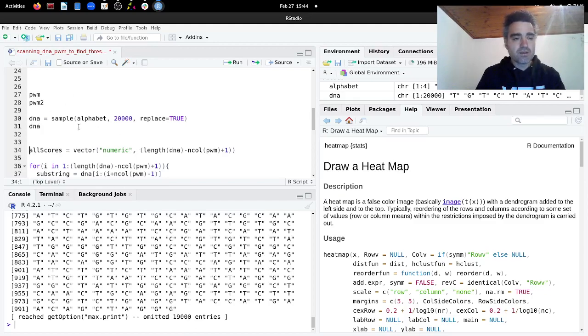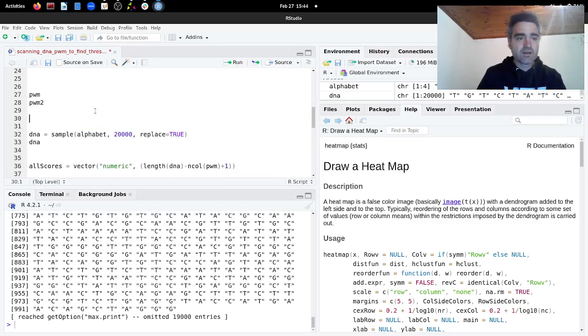We said in the theoretical part that it might not be a very good idea to construct this DNA sample just using an ACGT alphabet. Perhaps it would be a better idea to construct it by using dinucleotides, which will be this collection here, A, G, and so on, up to TT.